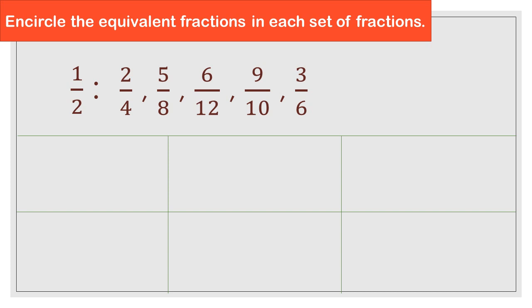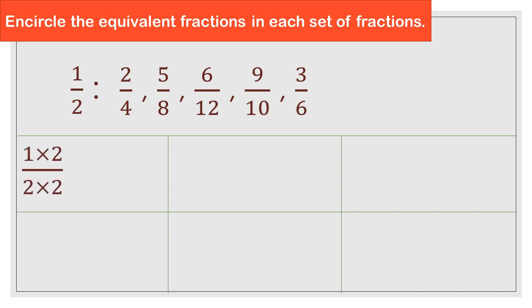When we multiply the numerator and denominator of a fraction by the same number other than 0 and 1, we get an equivalent fraction. To find the equivalent fraction of 1/2, which number will you multiply to 1 to get 2 in the numerator? Yes, 2, because 1 2s are 2.